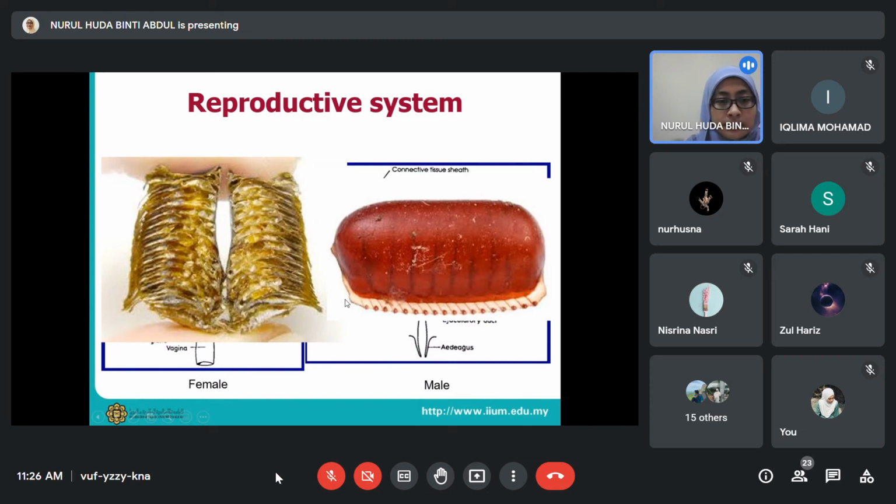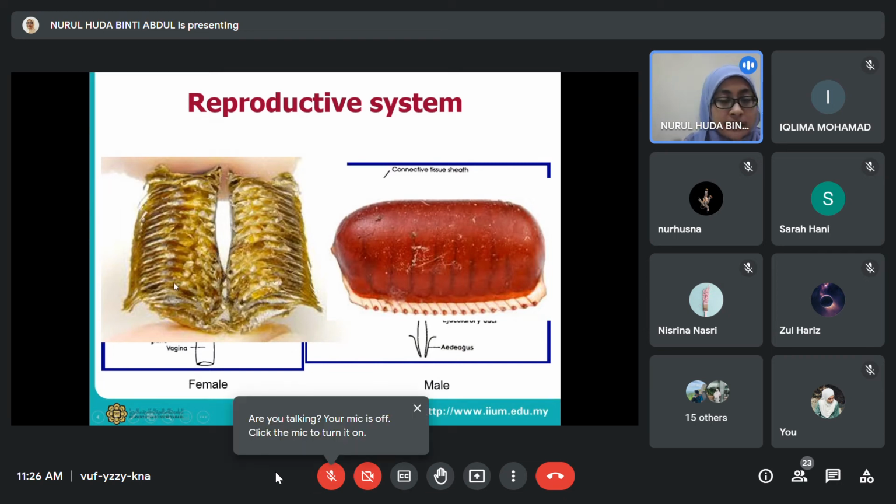Okay, this is the picture of the eggs for mantis, as well as this one is the cockroaches. Okay, as you can see here, they produce this sarung, okay, kat luar ni, to cover the eggs.